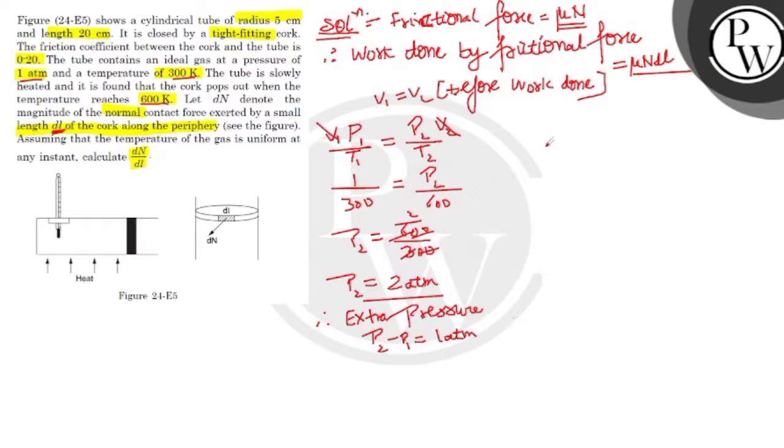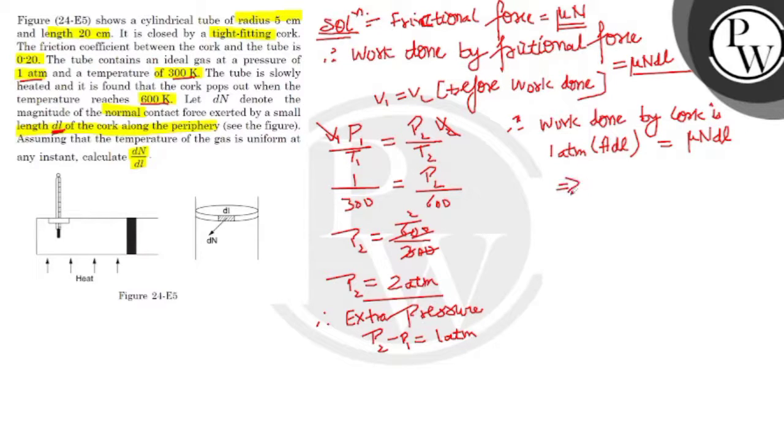And work done by cork is 1 atmosphere into A into dl, which is equal to work done by frictional force, mu N dl.